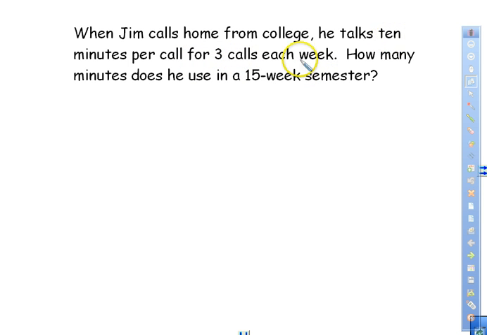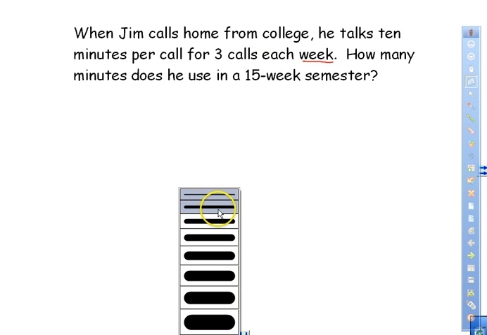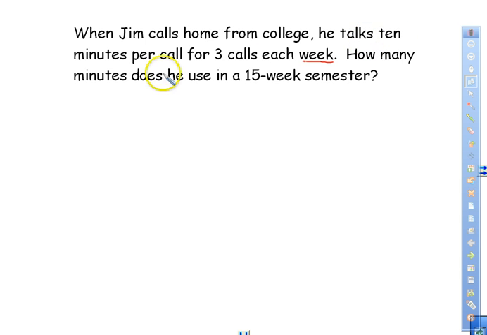So the question is, how much does he talk in 1 week? That 1 week, it's going to be 10 minutes per call. So 10 minutes times 3 each week is going to give me 30 minutes is what he talks each week.